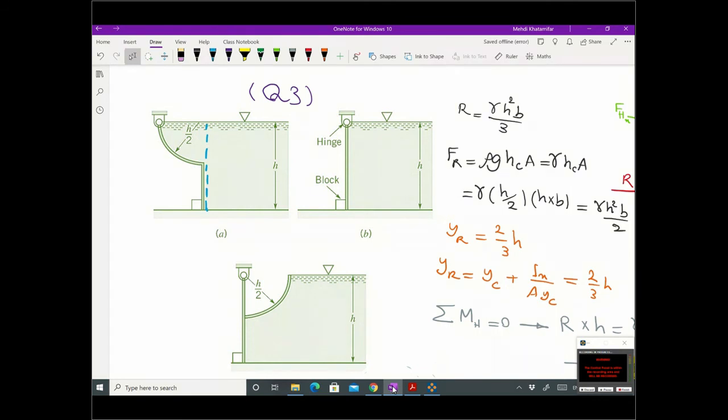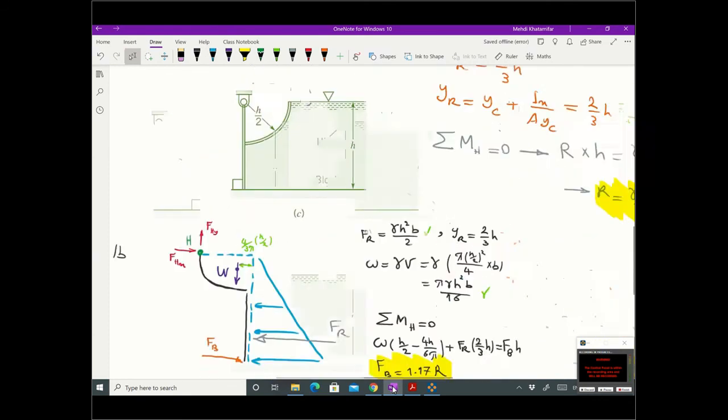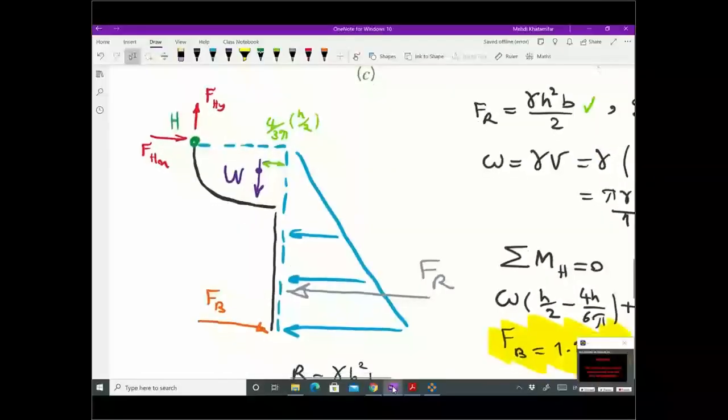When we're cutting like this, we just care about this part. What pressure is applied to this part only? The pressure applied to the right side is the uniform increasing pressure from the water, which is the same as the flat gate. For the other side, we have the weight and the other stuff.